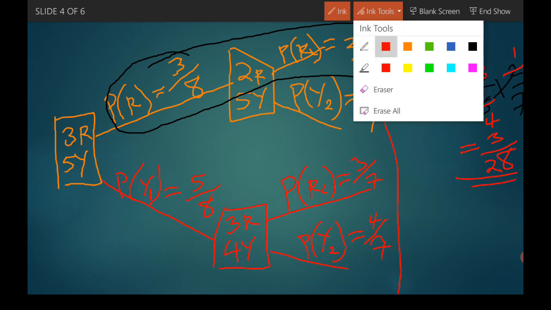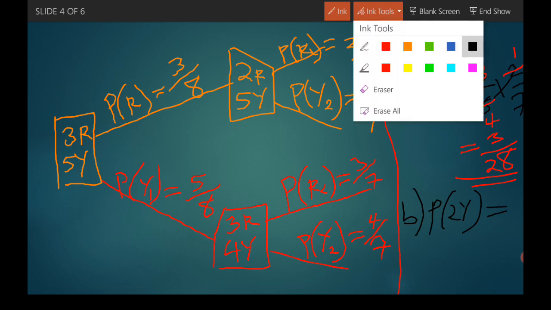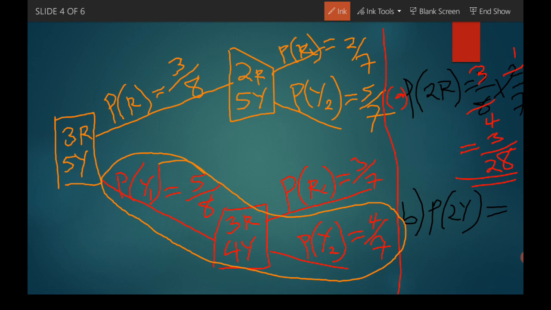Likewise, the second question was saying that picking 2 yellow balls. So part B, we shall again say that the probability of picking 2 yellow balls will be equal to, how do we get those 2 yellow balls? We can see that when we follow this path, the first one is yellow, and then the second one is yellow. That is the path that we're talking about.